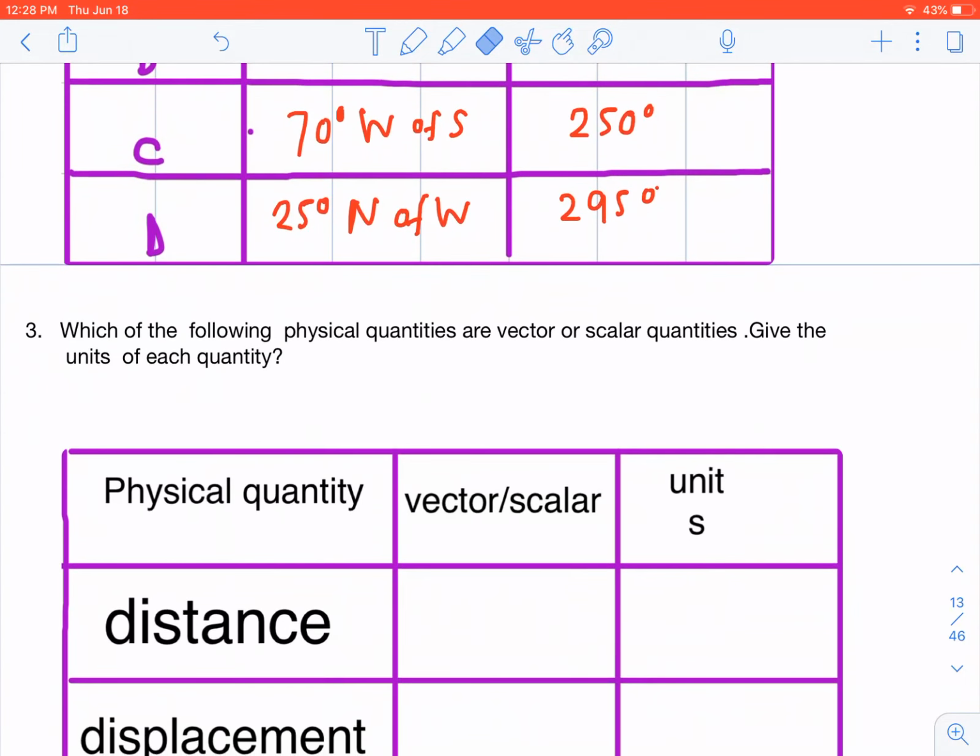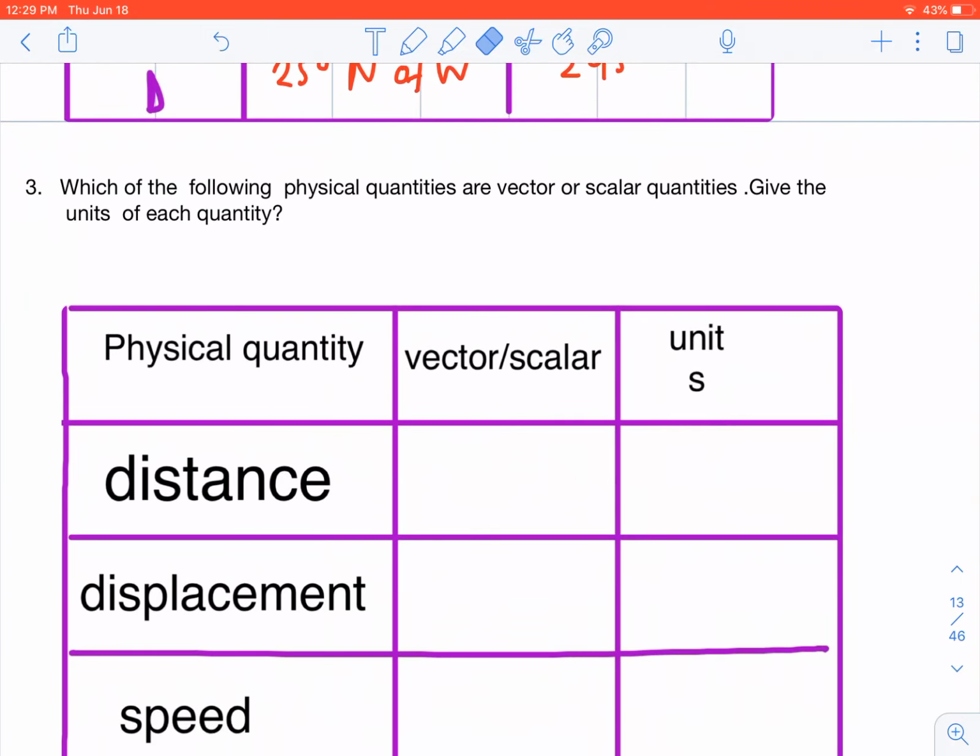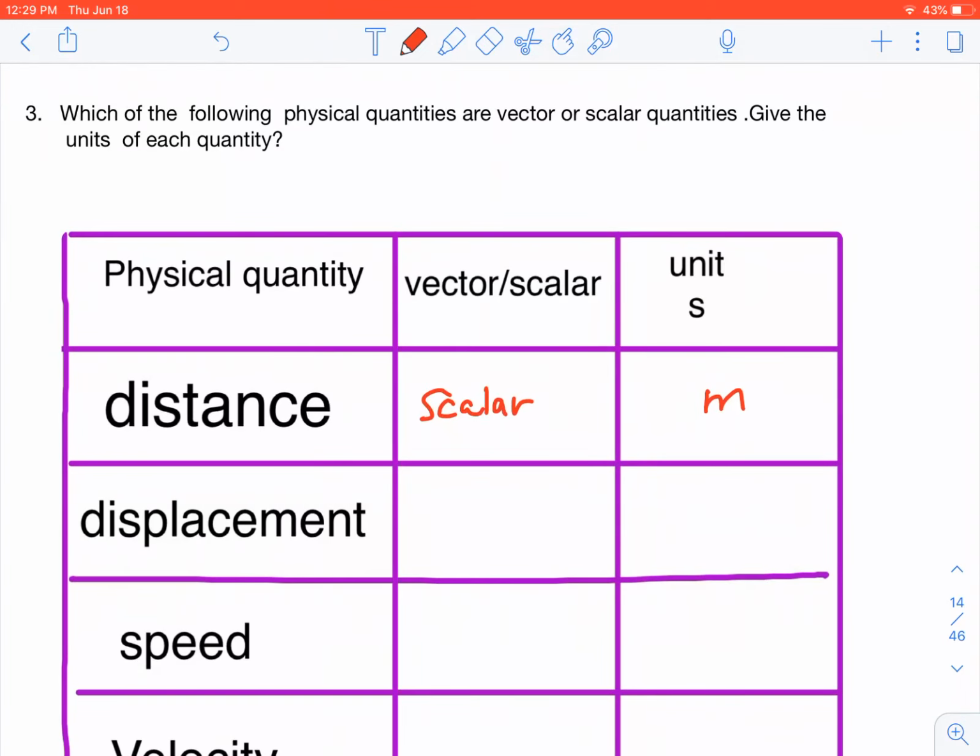Now look at which of the following physical quantities are vector or scalar quantities. Give the units of each. Alright, so we've got distance. Distance is a scalar quantity, and the unit of distance is a meter, and it doesn't require any direction. Displacement is a vector quantity.